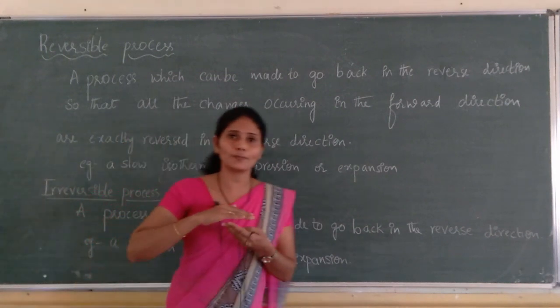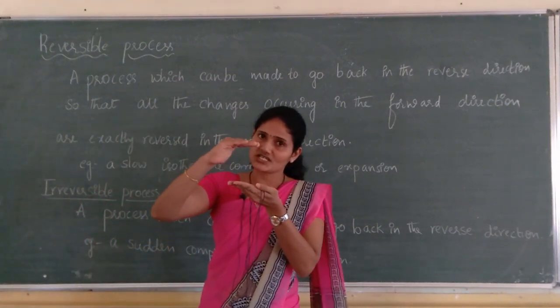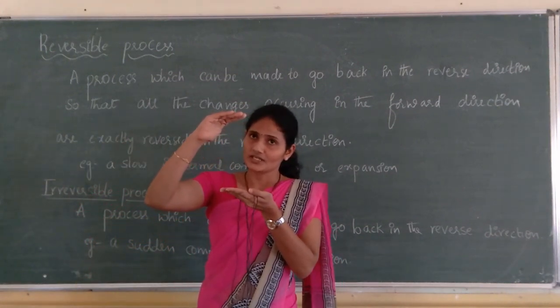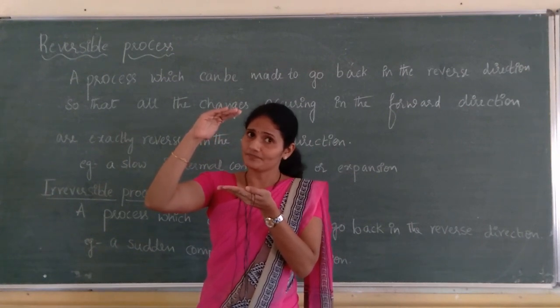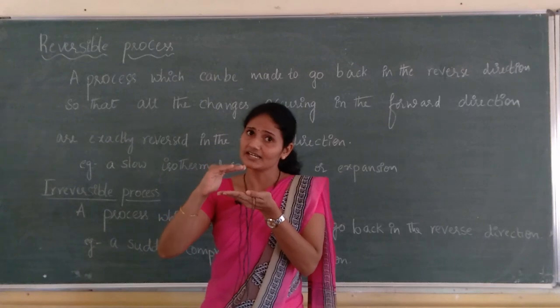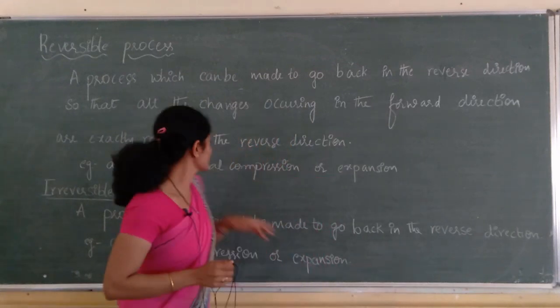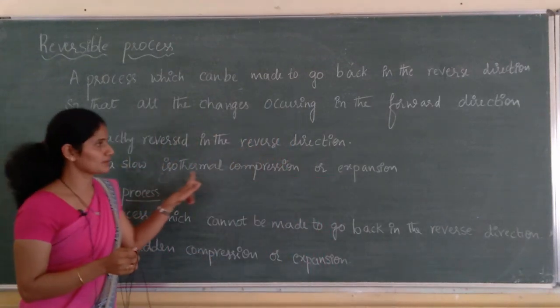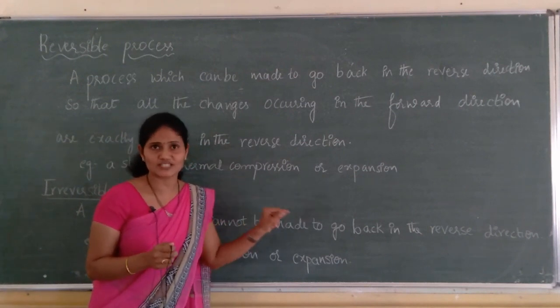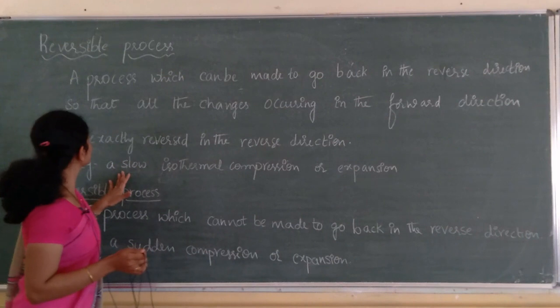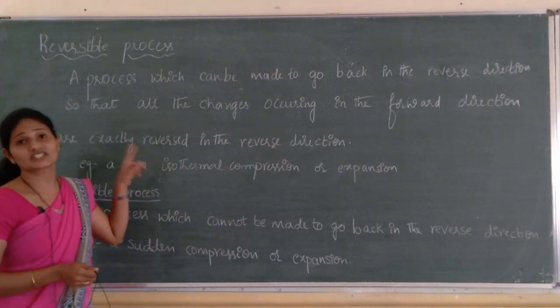In case of a slow process, all the changes which are occurring in the forward direction can be reversed in the reverse direction. So a slow isothermal compression or a slow isothermal expansion is the best example for reversible process.